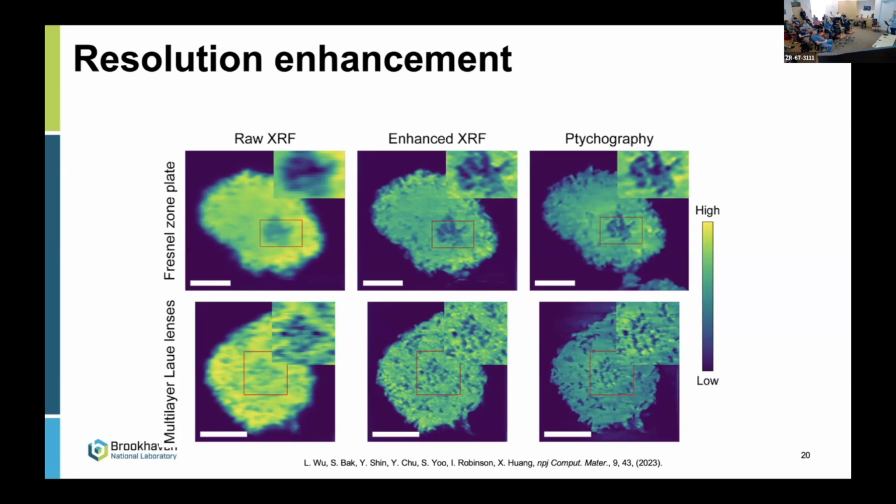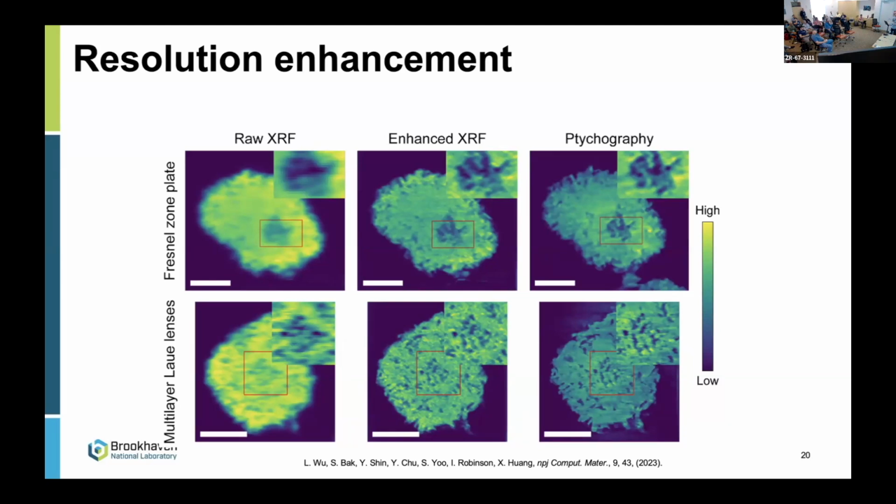And those newly resolved features show very good consistency with ptychography reconstruction, and this gives us confidence. Because if we look at the raw and enhanced, I barely see those fingers here, but they clearly show there. And then we were questioning whether we can trust those newly resolved features. And fortunately we have ptychography reconstruction to provide a high resolution image, and the consistency between them, those two approaches, gives us confidence this network is doing the job correctly.